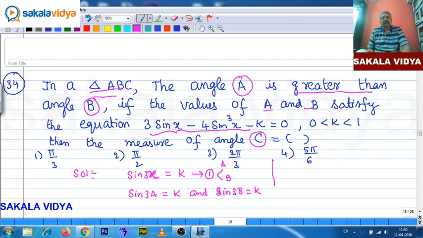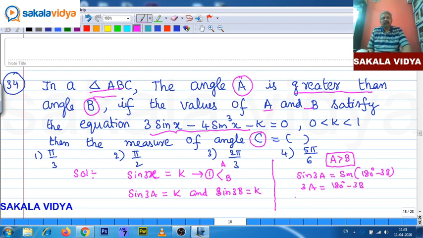So by virtue of this condition, sin 3A equals sin 3B, then A is equal to B. But what is the important condition given here? A greater than B is given. In the triangle, angle A is greater than angle B. That's why we need to write like this: sin 3A is equal to, instead of sin 3B we can write sin of 180 degrees minus 3B. So now 3A equals 180 degrees minus 3B.